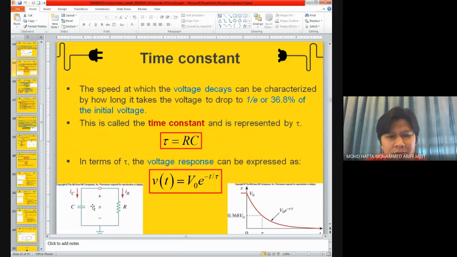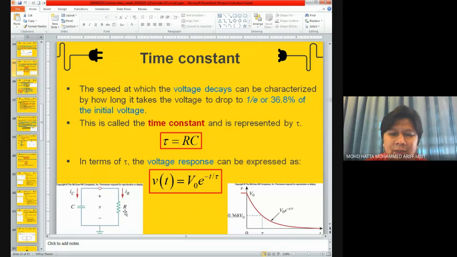You can also call it in parallel as well, because if you consider this in parallel, also can, and if you consider this one in series, also can. However, what you need to do is come up with this kind of circuit arrangement.